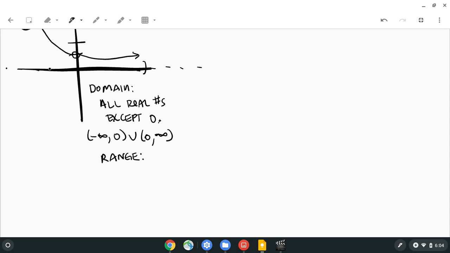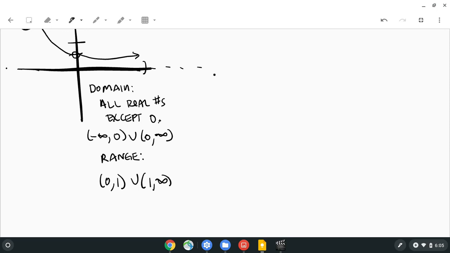So our lowest value is going to be this wall all the way up to 1. There's a break, and then from 1 all the way up to positive infinity.